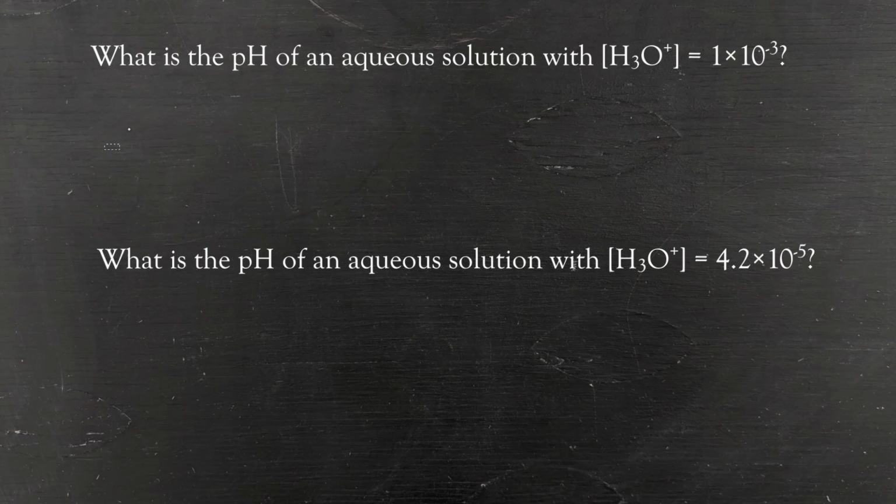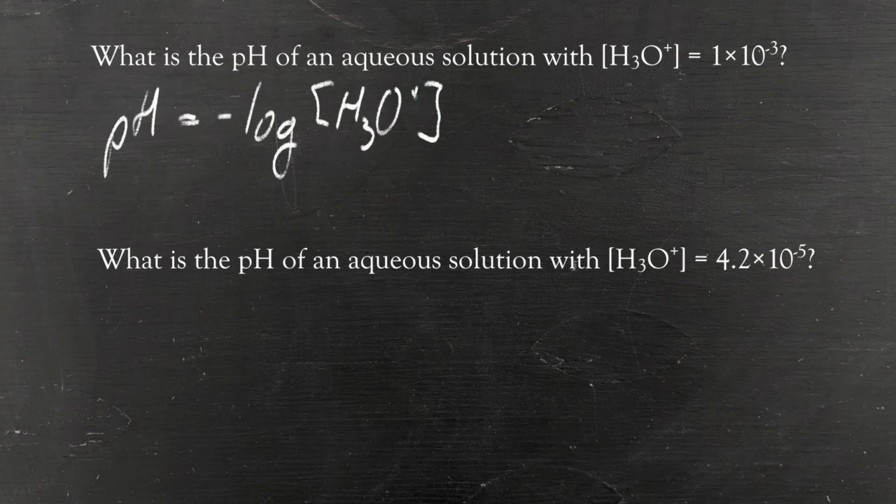Remember, pH equals negative log base 10 of the hydronium ion concentration. It linearizes powers. So this number here is going to be close to the answer for the log of the hydronium concentration.